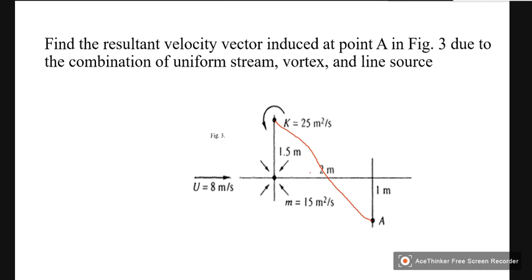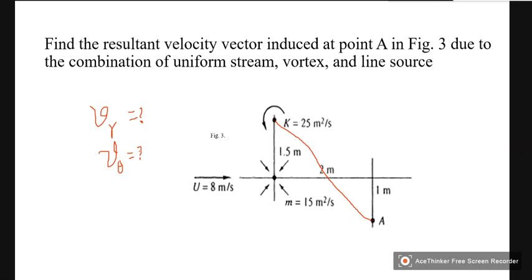Now due to vortex, what will be the direction of velocity? What is the expression for the velocity due to a vortex flow? There are two terms, Vr and V theta. What are the expressions for Vr and V theta?